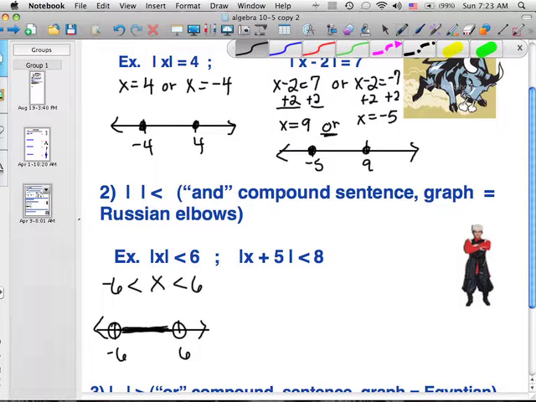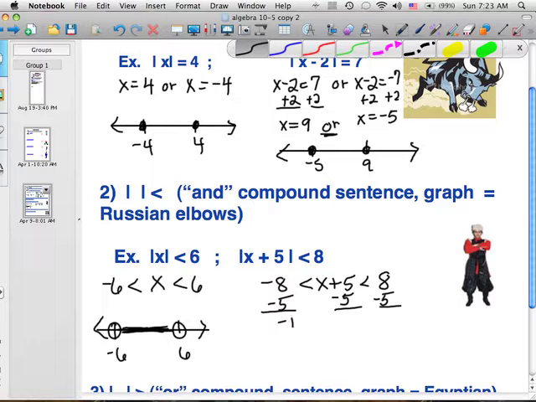The second example, I put x plus 5 between 8 and negative 8. The absolute value can fall between 8 and negative 8. So solving for x in the middle, I have to subtract 5.